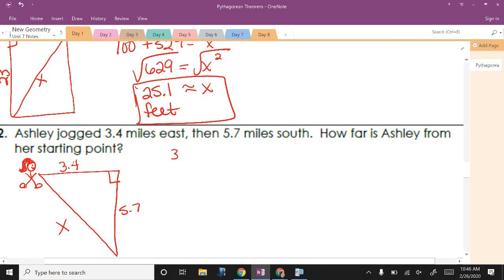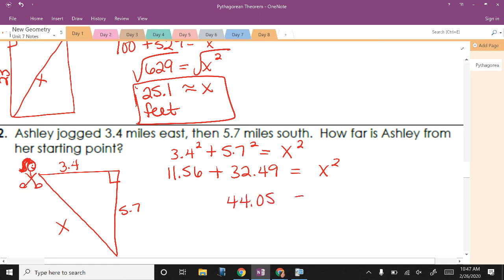So 3.4 squared plus 5.7 squared equals x squared. Calculator, help me. 3.4 squared is 11.56 plus 5.7 squared is, x squared. Add this together. And I'm getting 44.05.